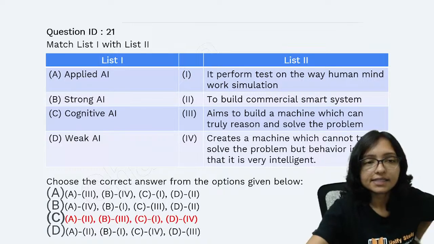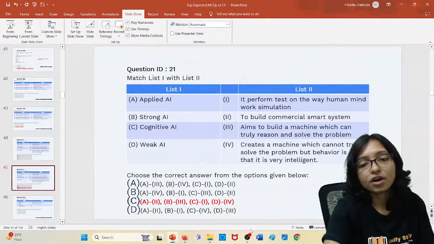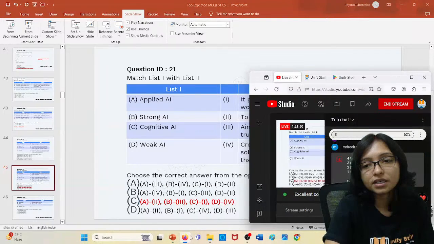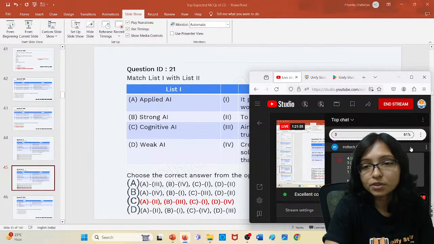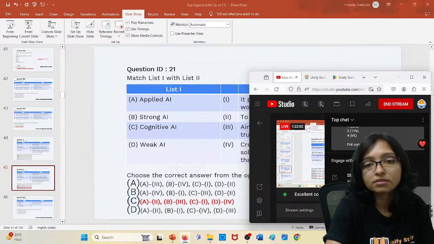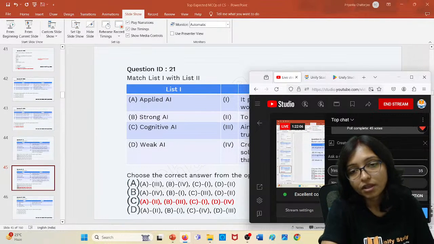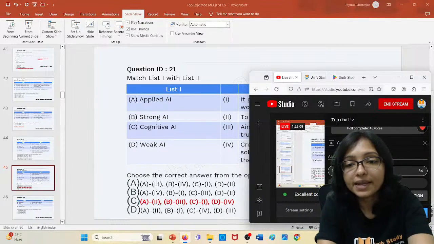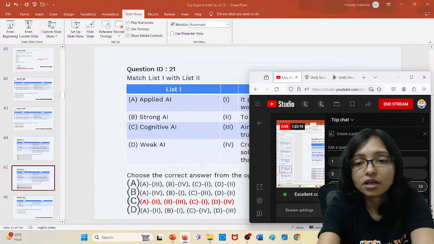This is a very easy question. Option 3 is the correct answer, because which one is weak AI and which one is strong AI, you all know. Weak AI means it is not able to solve the problem. That's why we are calling it weak AI. And strong AI means it is able to solve the problem. That is the reason we are calling it strong AI. And application is where we are applying it for a specific purpose.